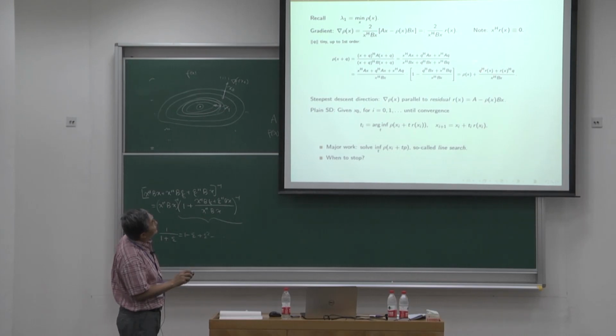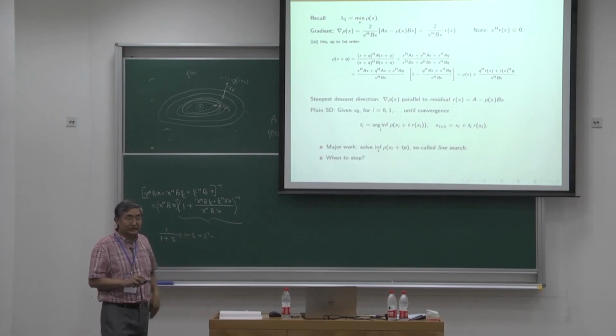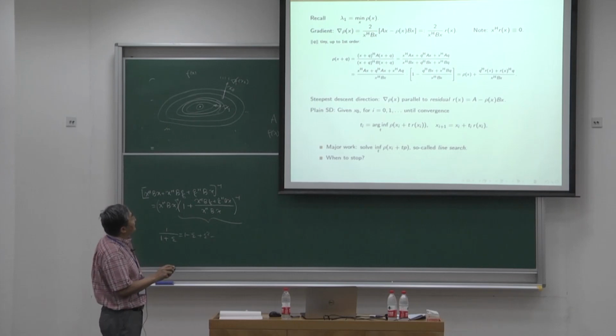Q in that direction gives you the steepest descent, the most negative value. All right. Okay.